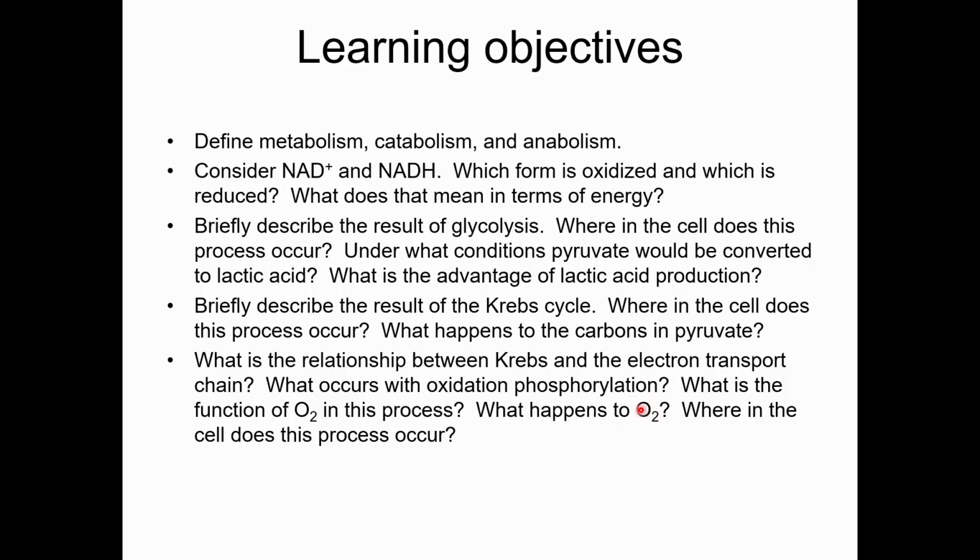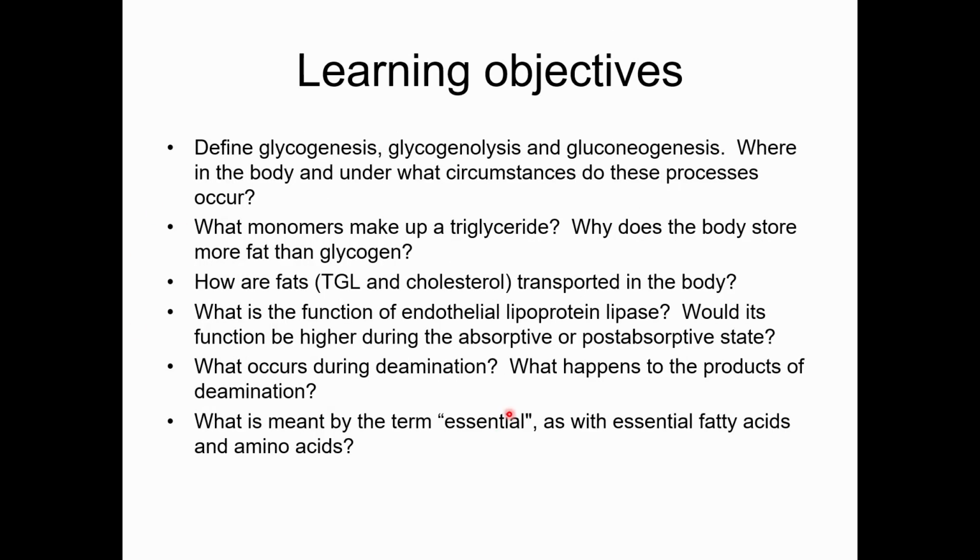So oxygen is the final electron acceptor, and that of course occurs in the mitochondrial cristae. Hopefully by the end of this presentation you'll be able to answer all of these learning objectives.